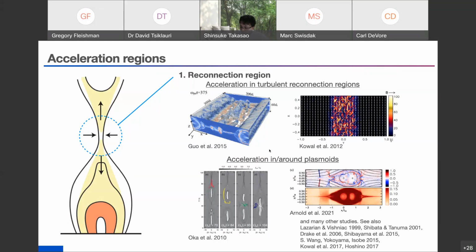And turbulent reconnection regions can form magnetic flux ropes or plasmoids. And people have been discussing the importance of plasmoid dynamics. For example, these studies pointed out that the coalescence of plasmoids can lead to efficient electron acceleration.